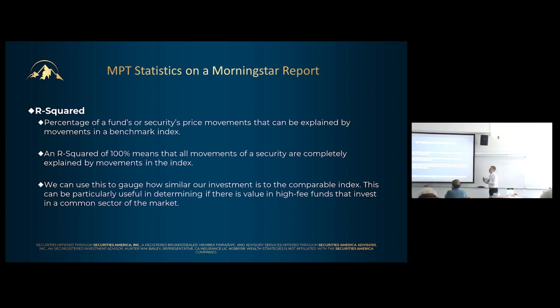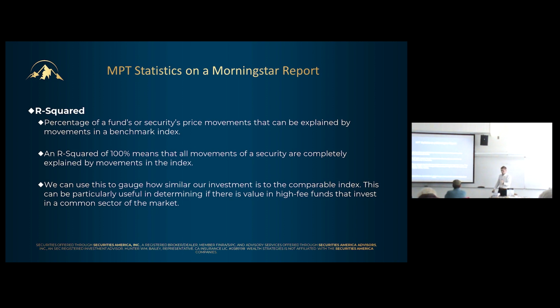So we can use this number to gauge how similar our investments are to the comparable index. This can be particularly useful in determining if there is value in high fee funds that invest in the same sector of the market. Like I was just explaining, I'll run through the example again.